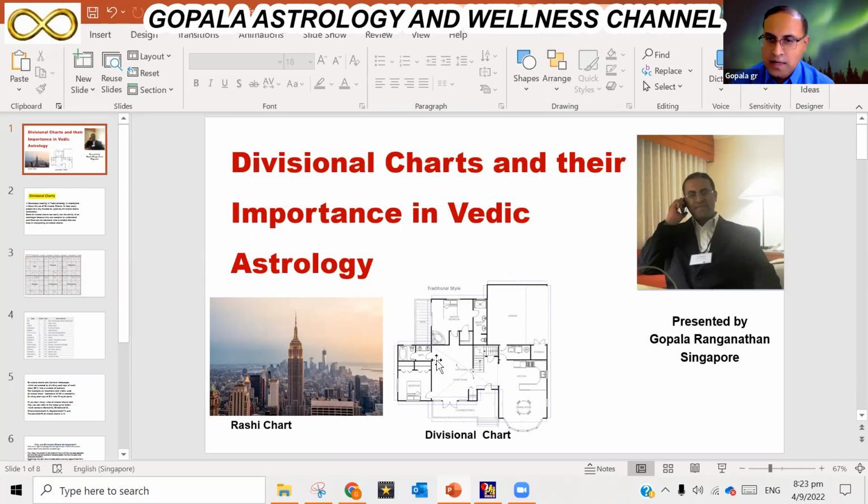That is why our sage Parashara Maharshi gave a lot of importance to divisional charts. We need to really do this, because I have found that many astrologers don't even look into the divisional charts when they make predictions. The main reason could also be the non-availability of accurate time of birth.